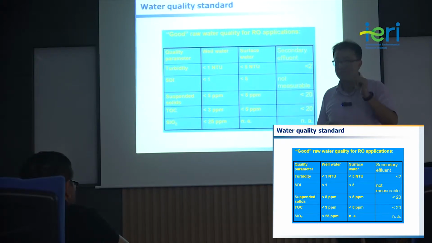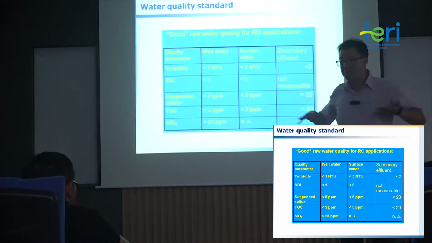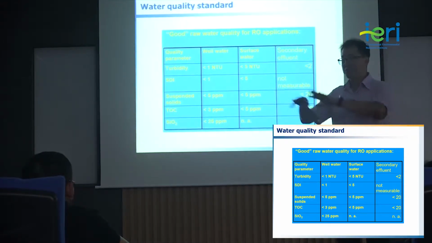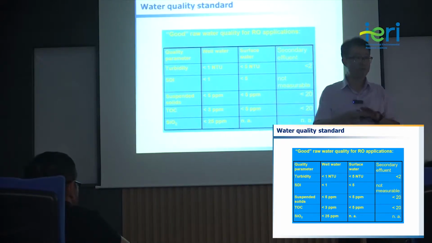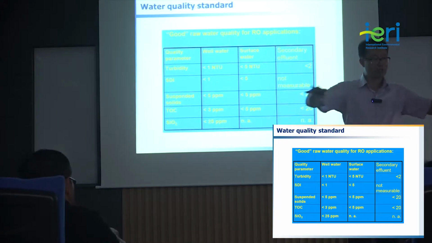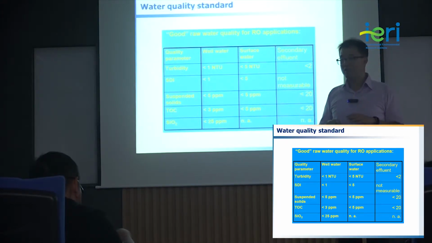Or it can be a good food for microbes, so microbes can grow a lot on the membrane surface. That means the membrane surface is covered by the microbes and related matter, and the performance will be very poor.